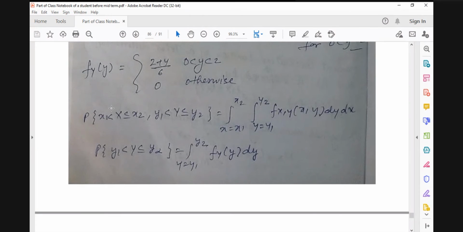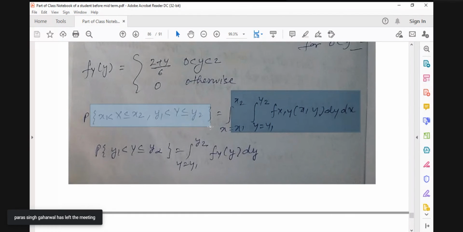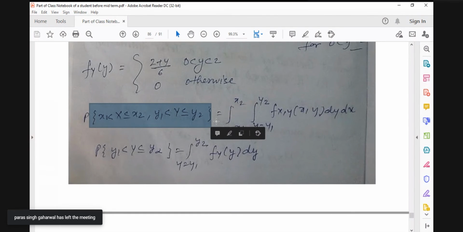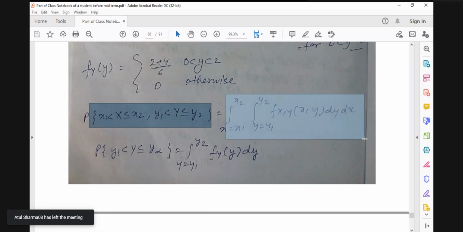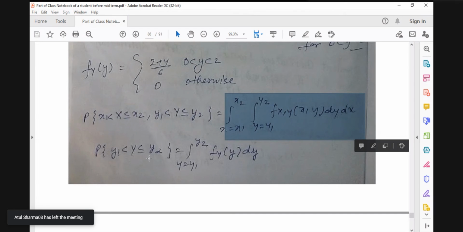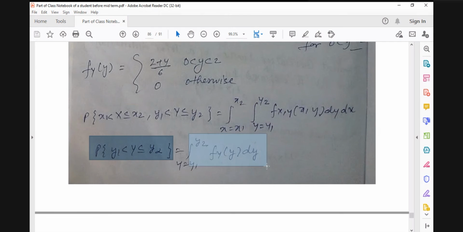So this is the case, like probability x greater than x1 and less than x2, and y greater than y1 and less than y2. So this is the formula to calculate the joint probability of these two events. And in this case, for marginal it is like this one.